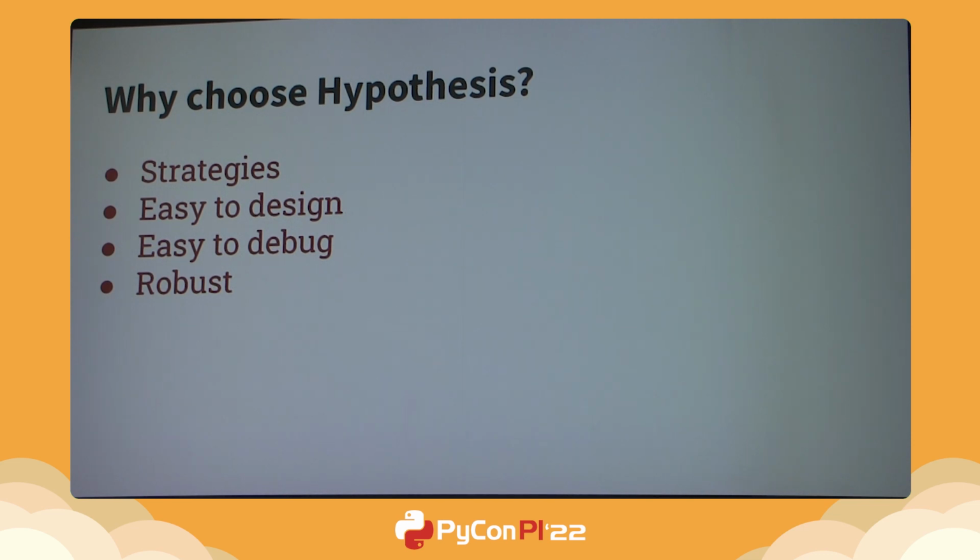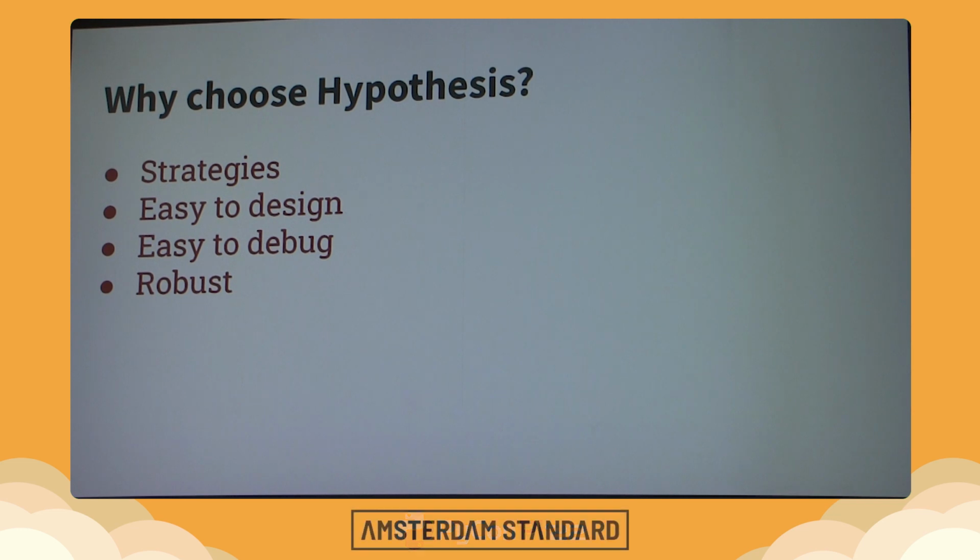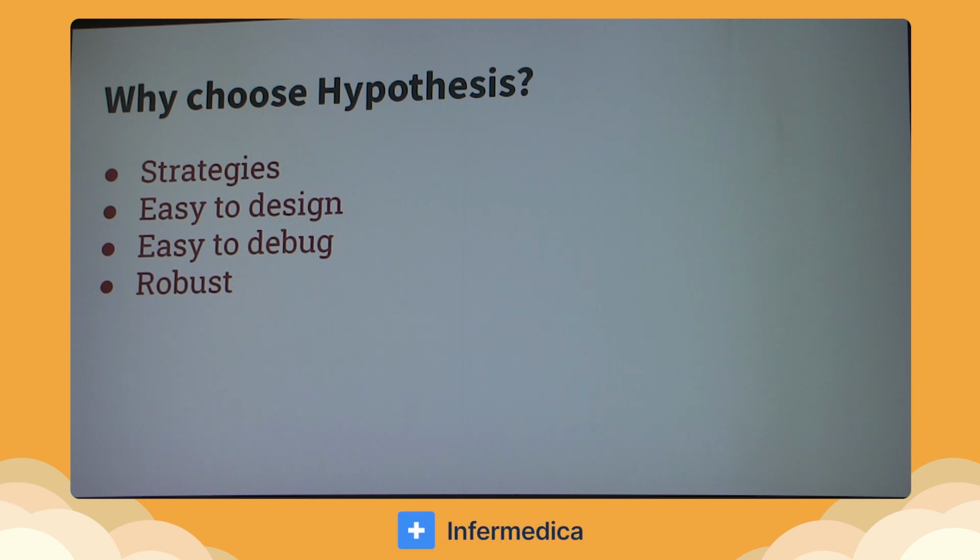Hypothesis has a great documentation which provides useful techniques and design patterns. It's easy to design these tests because of all of this. It's easy to debug. It has a randomized nature because it generates random data. This process is randomized, but it's also predictable because of the failing examples that it gives.